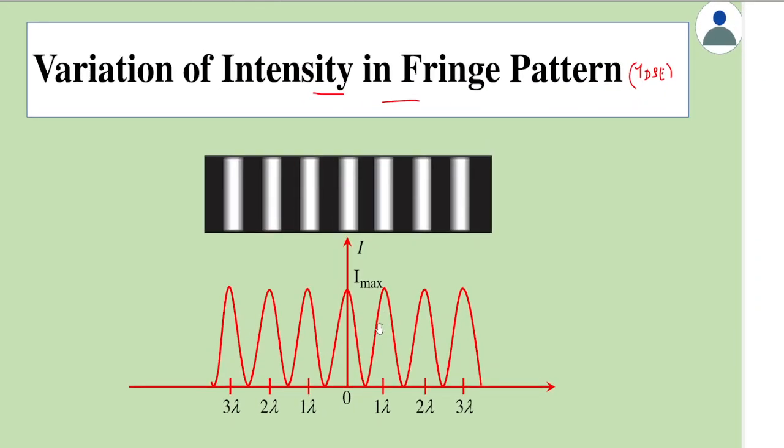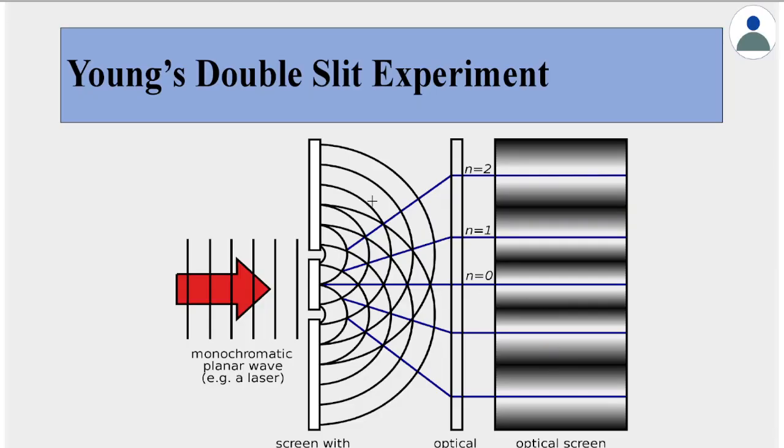Rather, what we get here is a pattern of this form. The center of the band is completely bright, and when we move away from the center, the brightness will decrease.